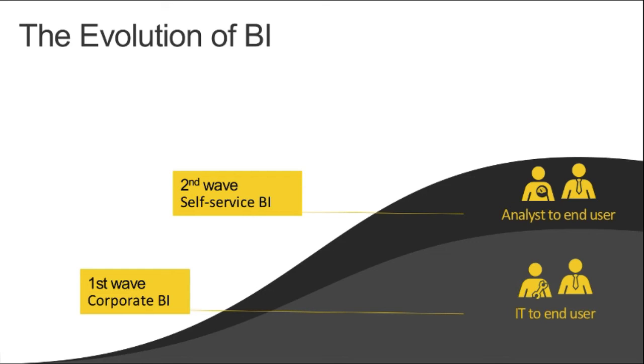So these are tools such as Tableau, Looker, GoodData, Birst. GoodData and Birst and Looker fall more in the cloud spectrum, but Tableau and QlikView would be more of the self-service model.